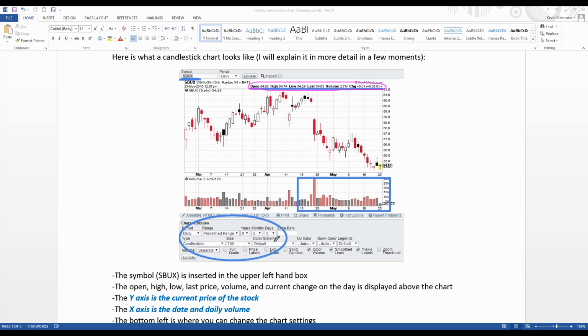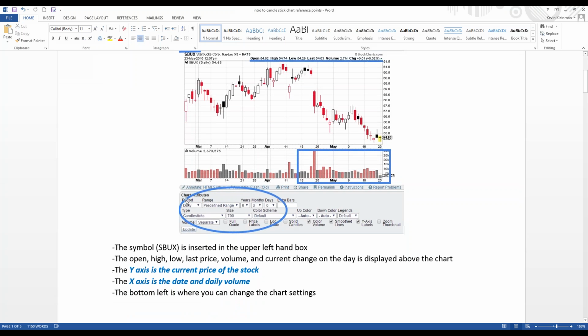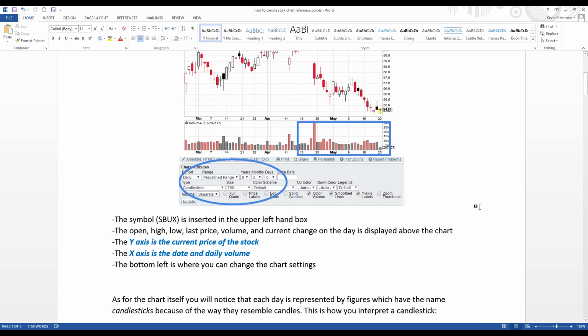As far as changing any attributes, you can do that in the bottom left area here, which is circled. You can change the time period, you can change how many months it's showing, you can change the type of chart you're looking at. Again, we're going over candlesticks, but there are others you could look at and other various things you could do with that.